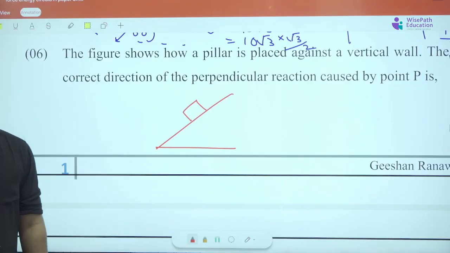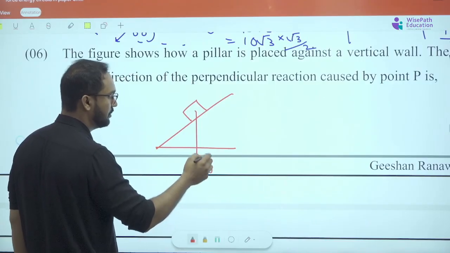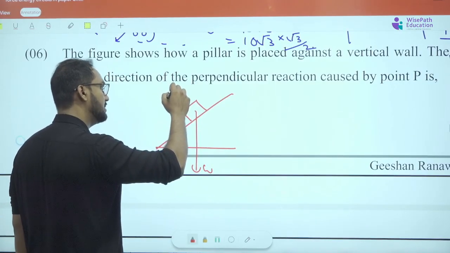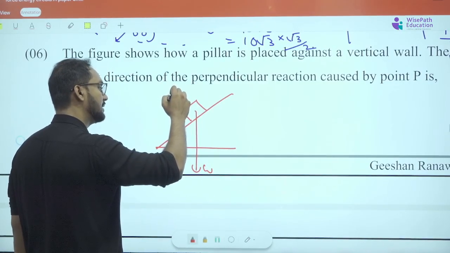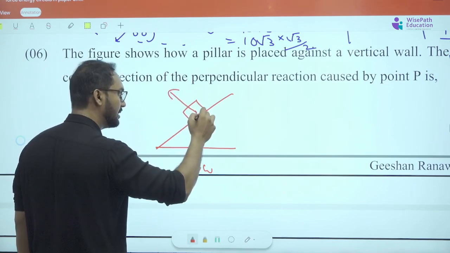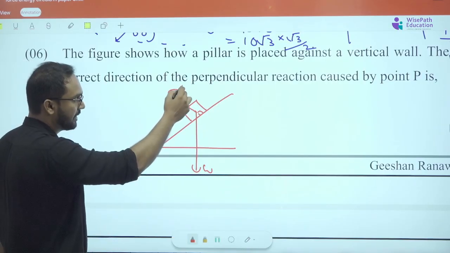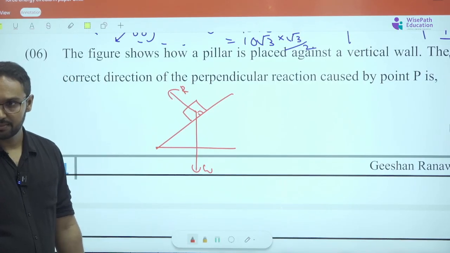On an inclined plane, if an object is placed, the weight W acts downwards, and the reaction acts perpendicular to the surface, isn't it? The reaction is perpendicular to the surface. That is the theory.